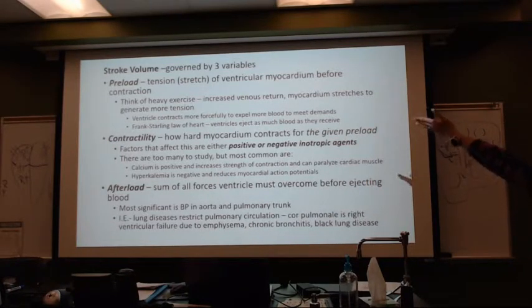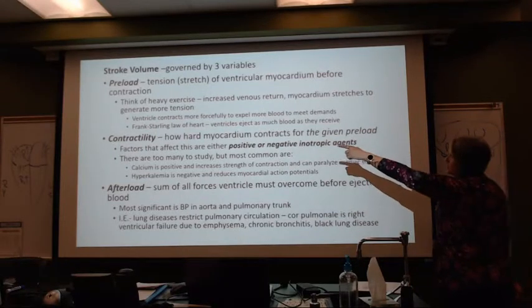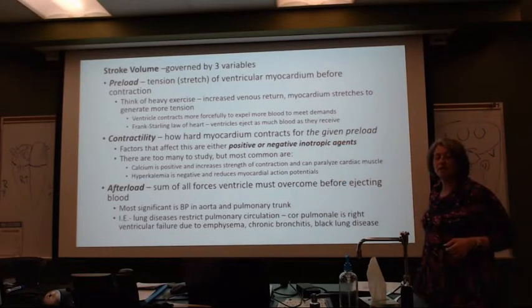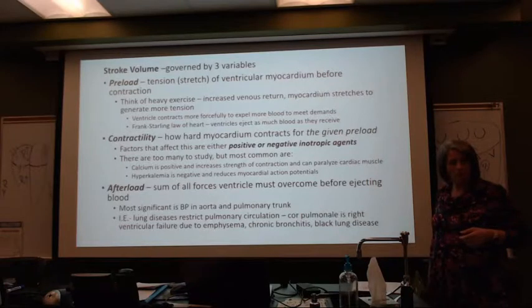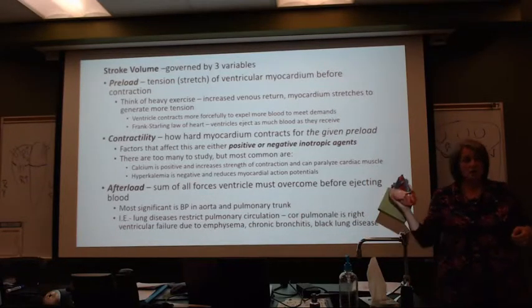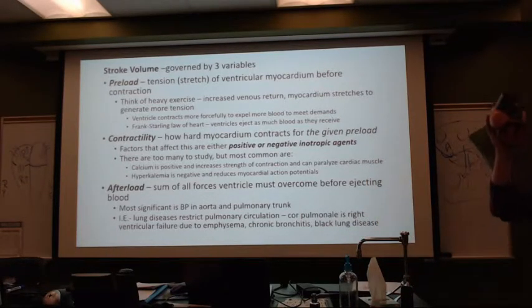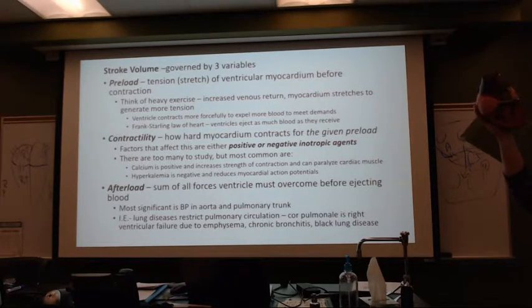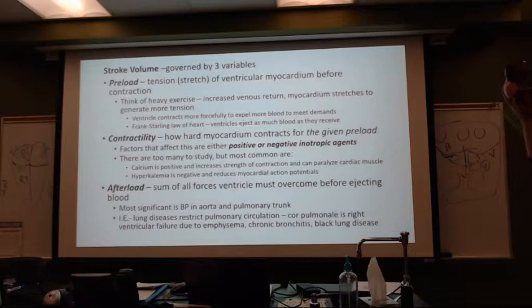So, the tension or the stretch of these ventricles before contraction is my preload. The better trained they are, the better conditioned they are, the more they're ready to contract. Does that make sense?